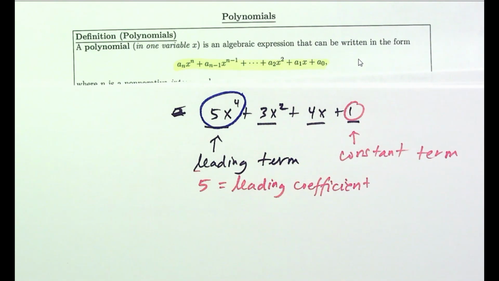Okay, so one condition for something to be classified as a polynomial is that the exponents of the variables all have to be integers. Positive, actually, non-negative integers. So you cannot have as an exponent something that is a negative exponent.